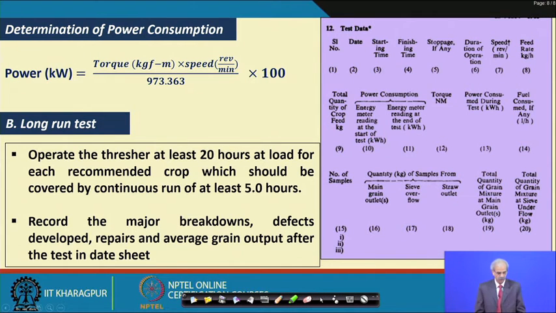Determination of the power consumption. Well, it's very important. If you recall, we had given you how to calculate the power consumption of a thresher. We had talked of the Goryachkin theory.